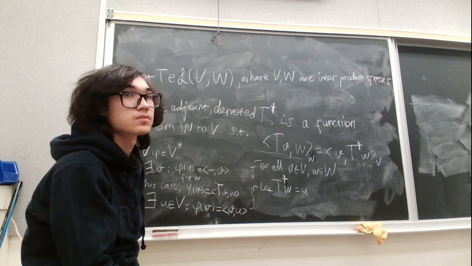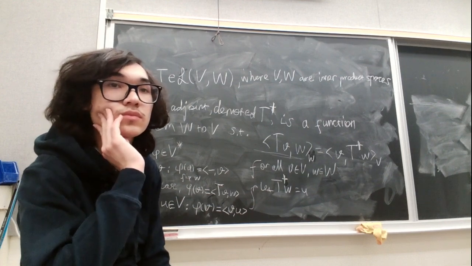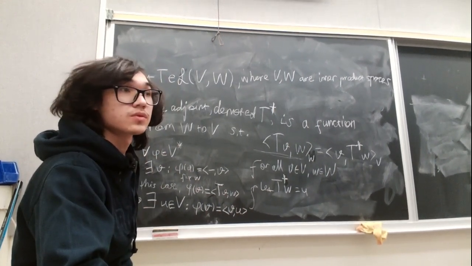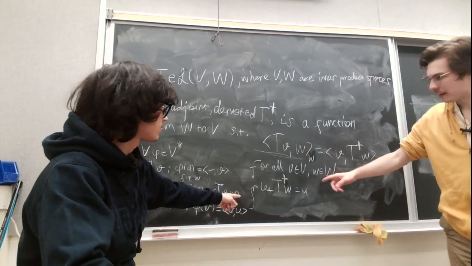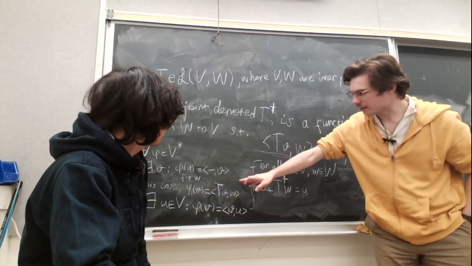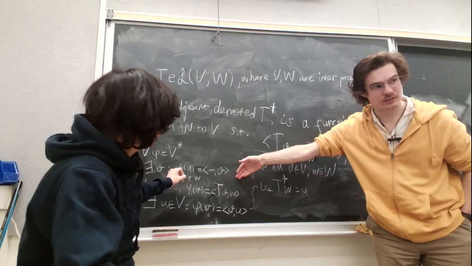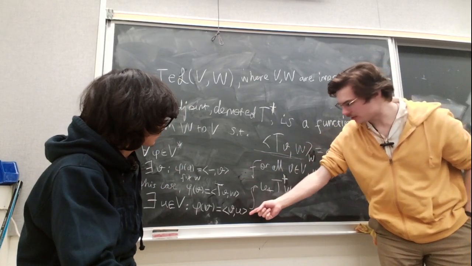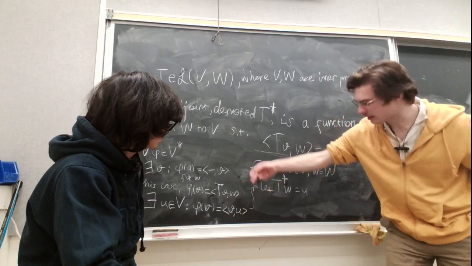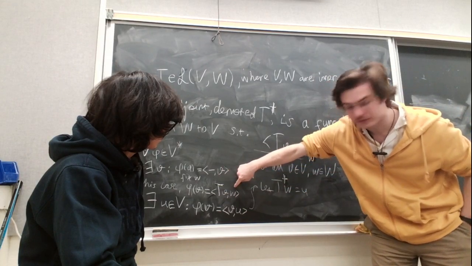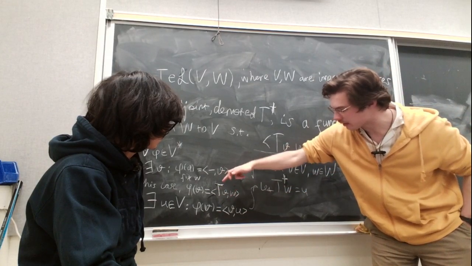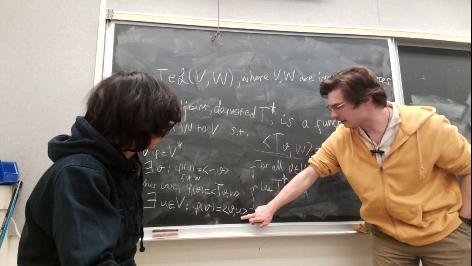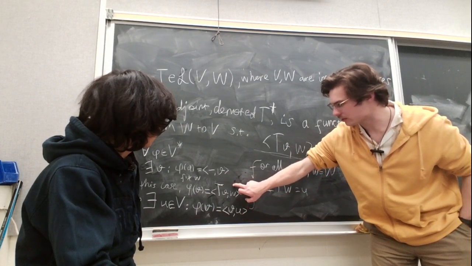Wait, how did you define it like this? The last step right there. I said I have this, and I can think of this as a linear functional. Then by the Riesz representation theorem, there exists a vector u such that, for a fixed w, this inner product is equal to this inner product. Do you agree? So this is equal to this.